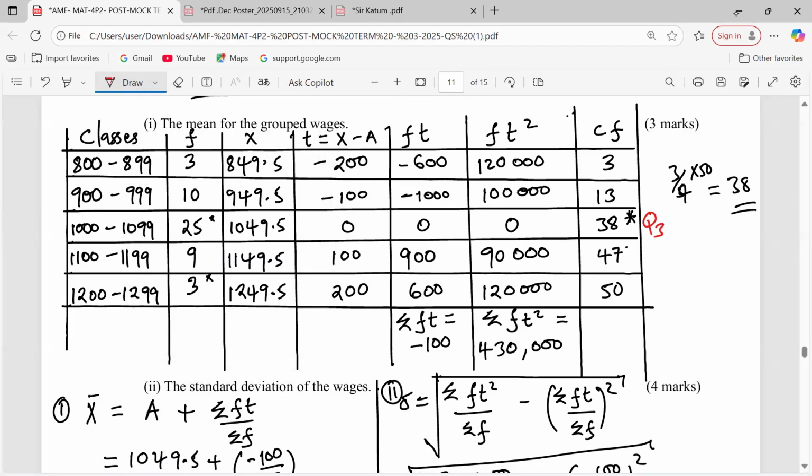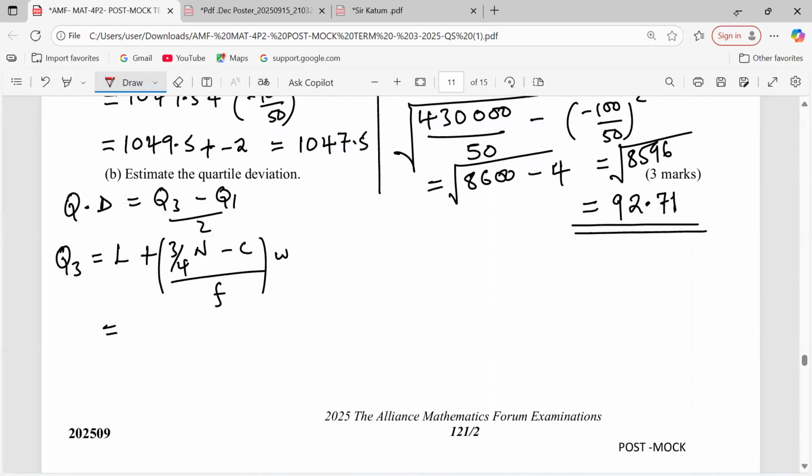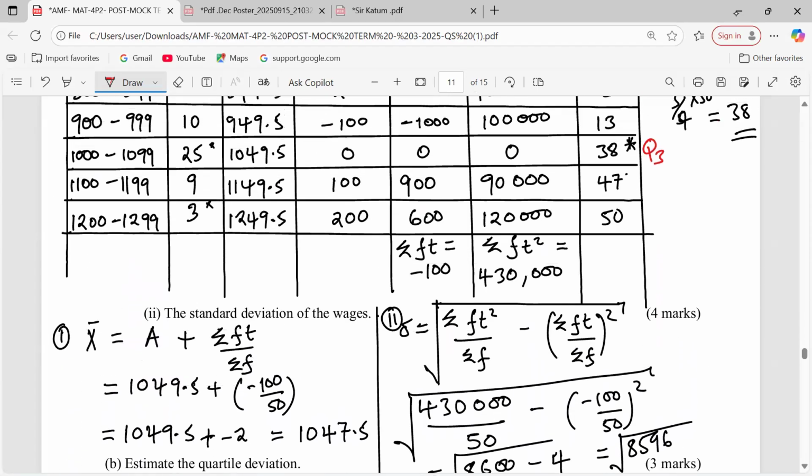So this Q3 class is going to give us a lower boundary of 999.5, plus 3/4 of 50 minus cumulative frequency just before.